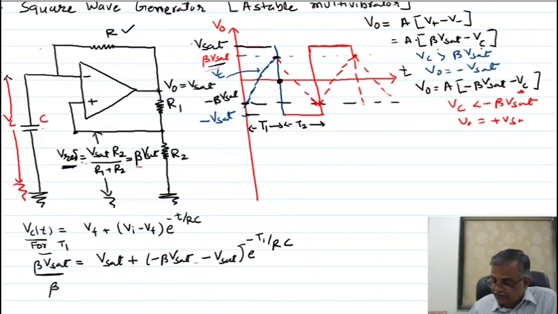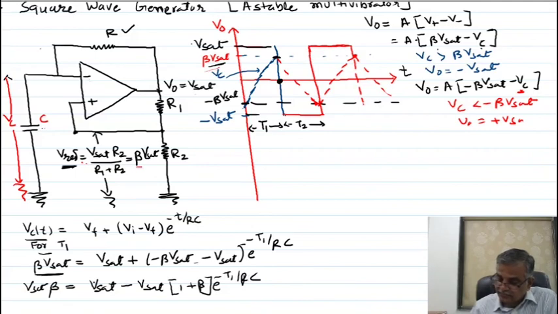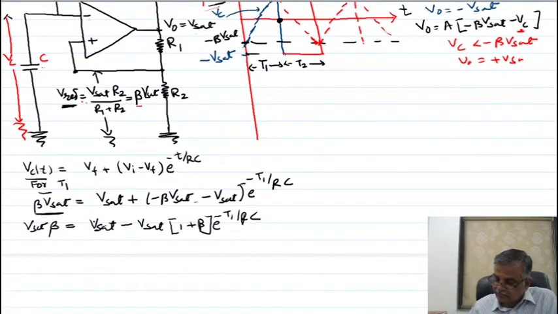See, this is beta V set, this is your V set, minus beta V set, 1 plus beta e raised to minus T1 by RC. So I can write beta equals 1 minus (1 plus beta) e raised to minus T1 by RC.